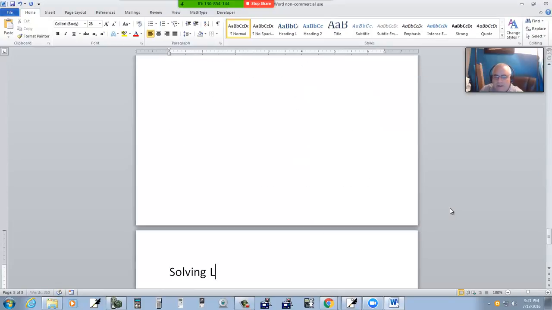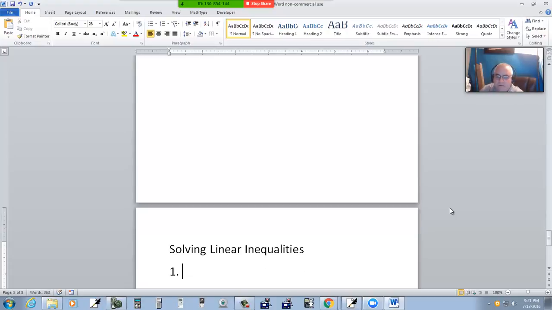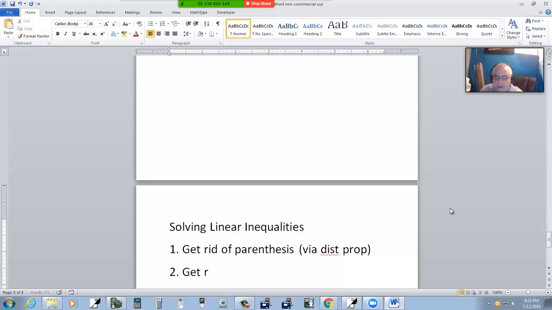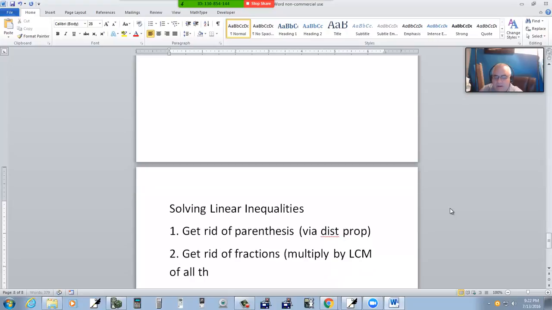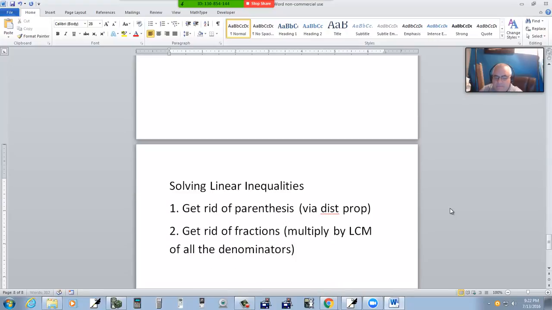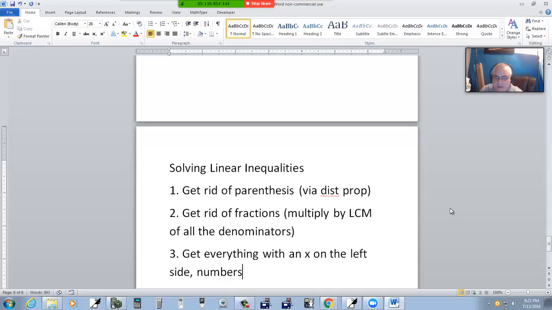So solving linear inequalities, our first step is to get rid of parentheses. We do that via the distributive property. Second step is get rid of fractions. We multiply by the LCM of all the denominators. Step 3, get everything with an x, all the terms, on the left side, numbers, the constant terms, on the right side.